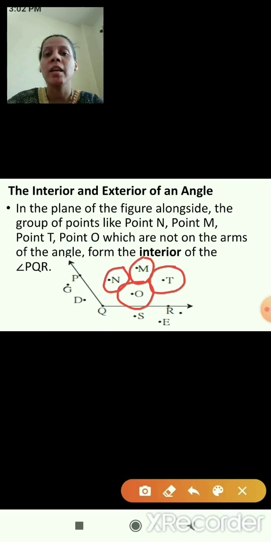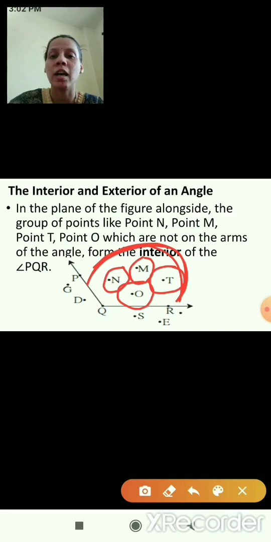Interior means they are inside the arms. As you can see here, they are inside the arms of the angle, so they are called interior points. Interior points means the points which are inside the arms.